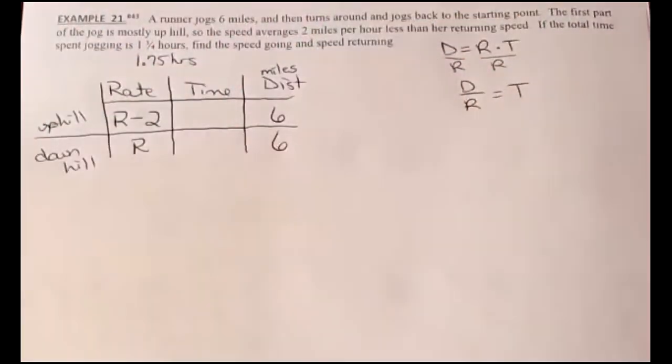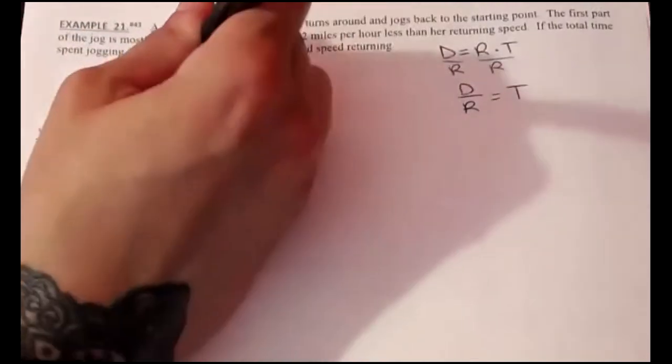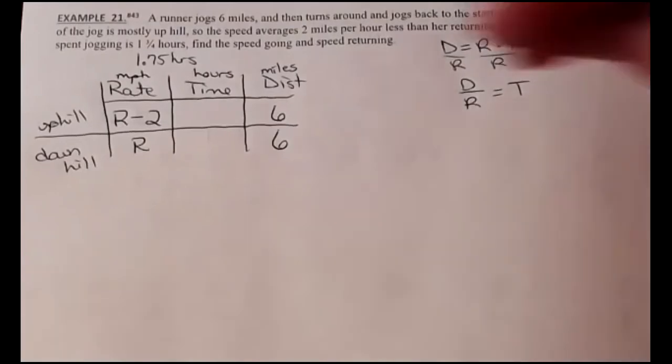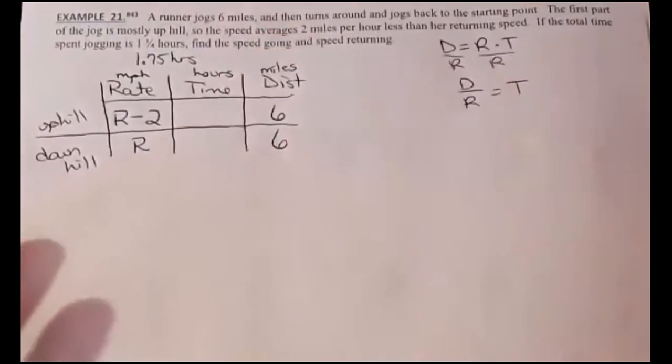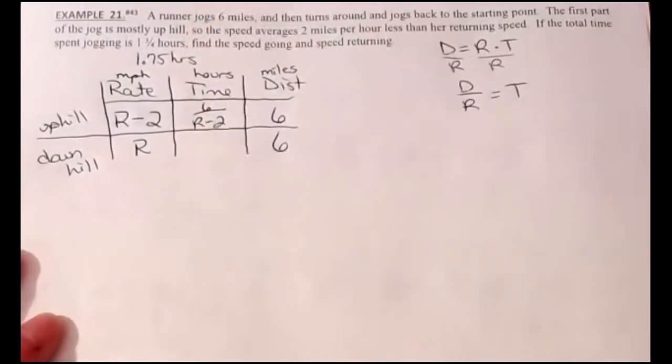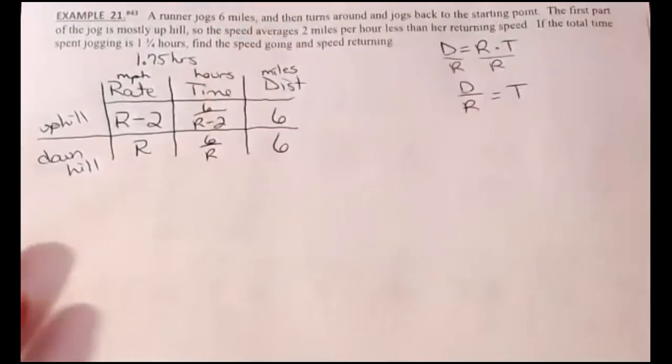Keep in mind also that less than implies the reverse, right? You're essentially writing it in the opposite order. So it's her rate minus 2 miles per hour. Good. I'm going to write above rate that we have miles per hour and that our time is hours. Recall that time is always distance over rate. So for the uphill time, we can write 6 over r minus 2. And then for her time downhill, it's 6 over r.